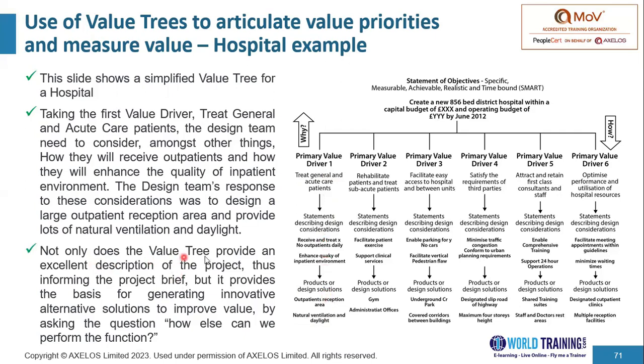Not only does the value tree provide an excellent description of the project, thus informing the project brief, but it provides the basis for generating innovative alternative solutions to improve value by asking the question, how else can we perform the function? I would request you to take a few minutes to explore this example in terms of understanding how to create value drivers using the how approach and the why approach.